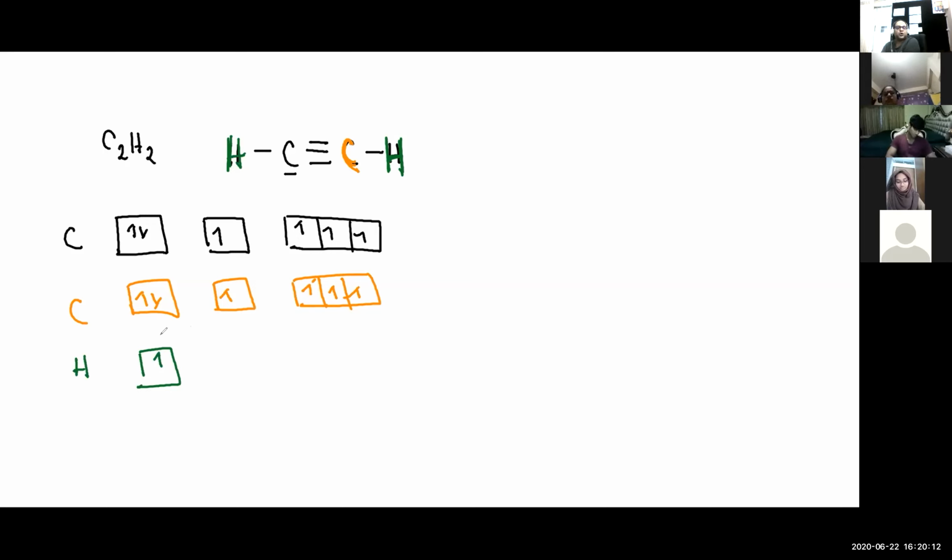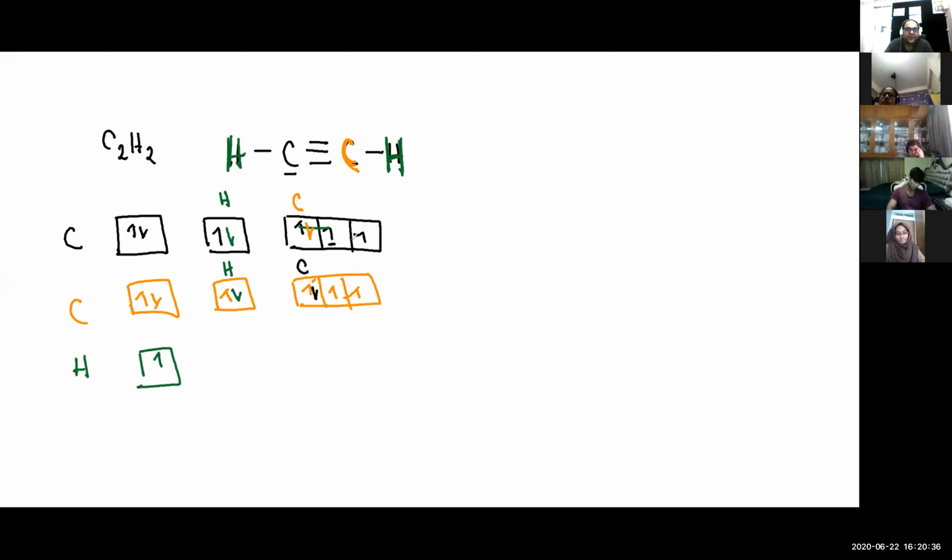Okay. So how many hydrogens are involved here? 2 hydrogens. So we assume this is a hydrogen, this is a hydrogen, each bonded with a carbon.